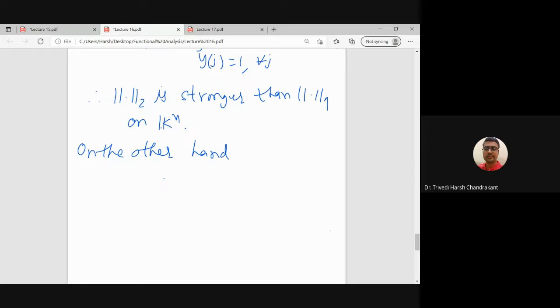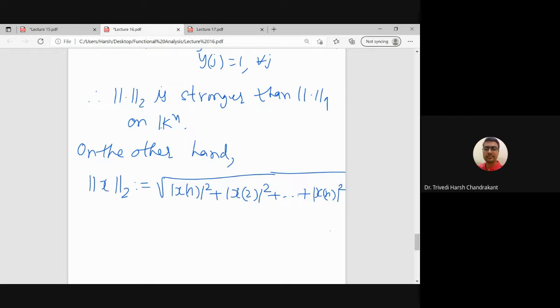On the other hand, if you take the 2 norm of x, then what is the 2 norm? It is basically the square root of modulus x1 square plus x2 square plus ... plus xk square plus ... plus xn square. So we have a Euclidean norm.